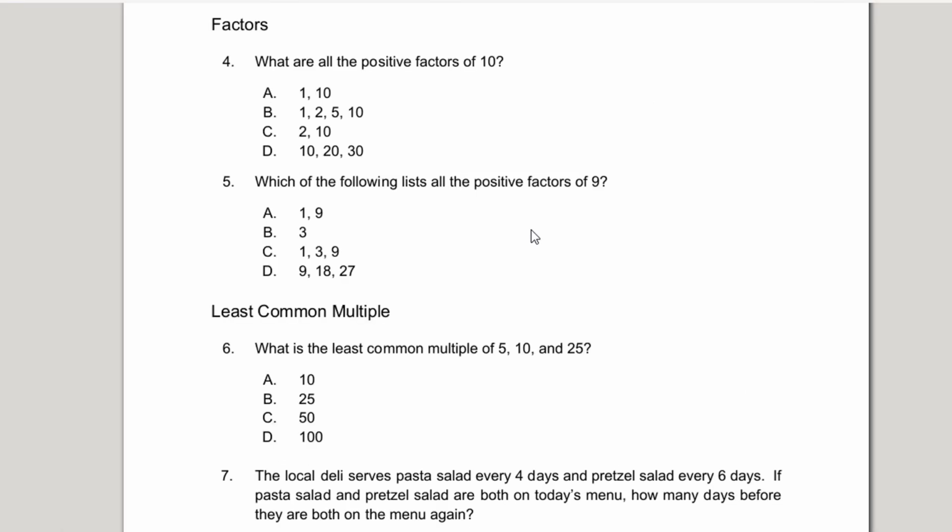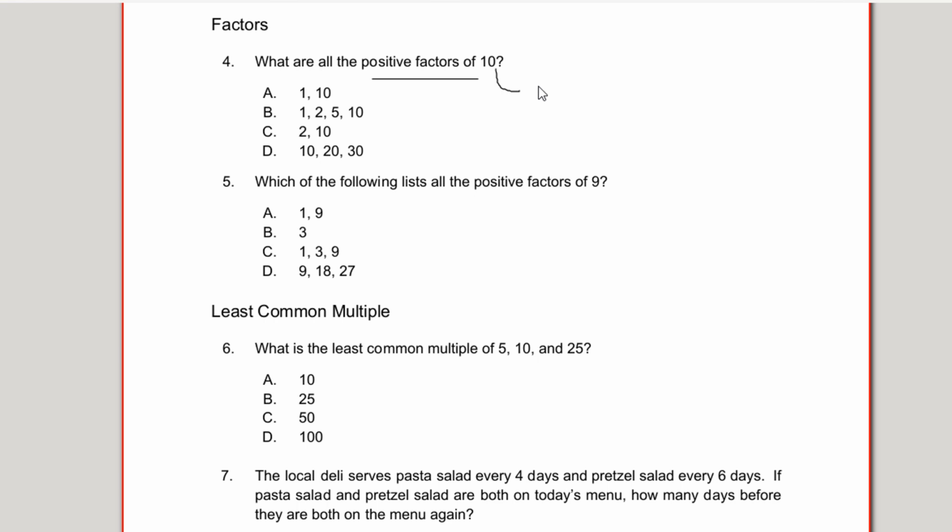Moving on to number 4, we're talking about factors on these next 2 questions. What are the positive factors of 10? We are looking at what numbers divide into 10 evenly, the factors. I could look directly at these answer choices, or let's just do an exercise with doing that.